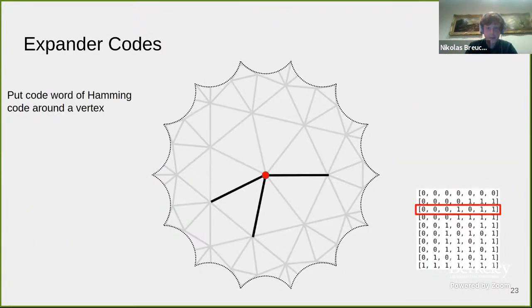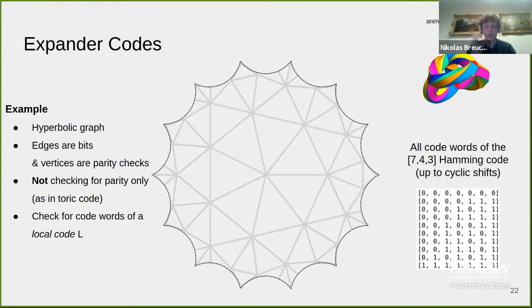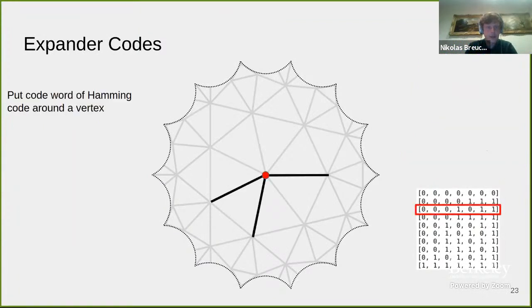Okay, so let's say I want to do this, and let's see what a code word of this code looks like. Let's start at some vertex, the one in the middle, and let's ensure that there is a code word around this vertex. So if the edge is grayed out, it has a 0, and if it has a thick line, it has a 1.